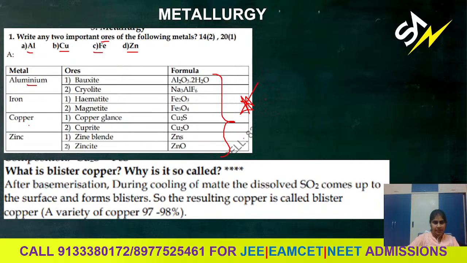For copper, it is in the form of copper glance, with the formula Cu2S. Cuprite, its formula is Cu2O. And next, zinc blende, its formula is ZnS, and zincite is ZnO.